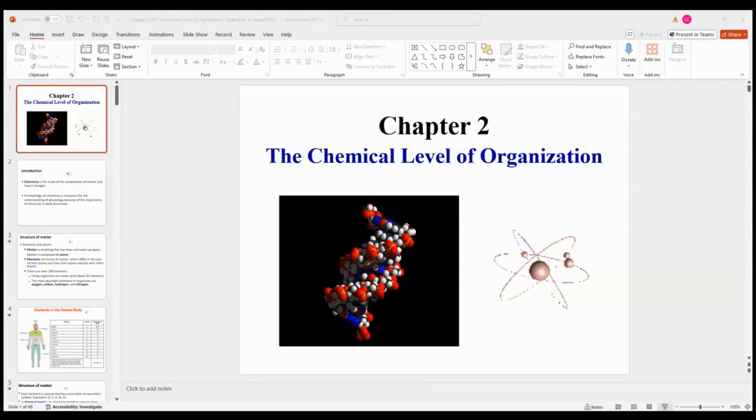In chemistry, that symbol with a plus sign means a weak positive charge, and with a minus sign, a weak negative charge. It's not a whole electric charge like an ion, but just because these electrons spend more time here than here, this end of the molecule is a little bit negative, and this end is a little bit positive.